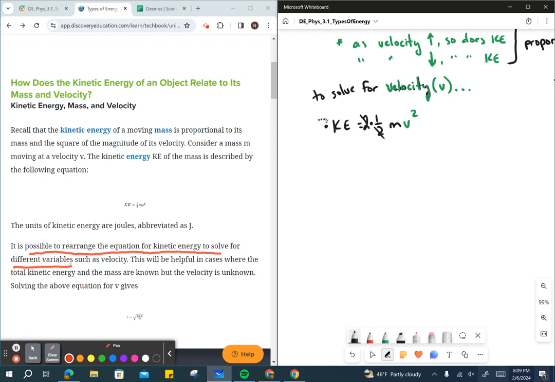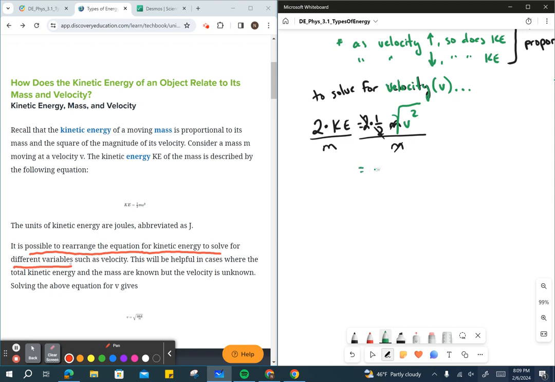So we say times 2. Then I could get rid of the mass by dividing out the mass. And then the last part is I would have to get rid of the square by doing the square root of the square.